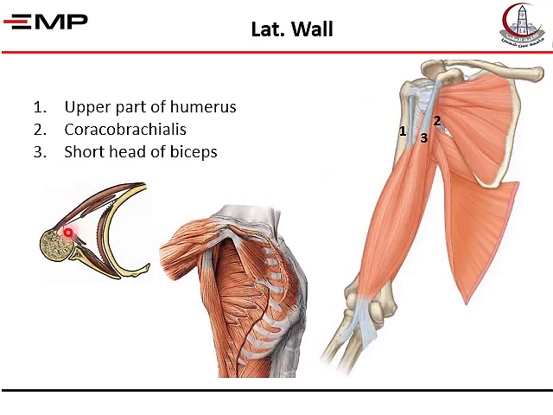The lateral wall is narrower than the medial wall because the anterior and posterior walls converge towards the humerus. It is made of the upper part of the shaft of the humerus, the coracobrachialis muscle, and the short head of biceps muscle. These two muscles of the arm arise from the coracoid process.